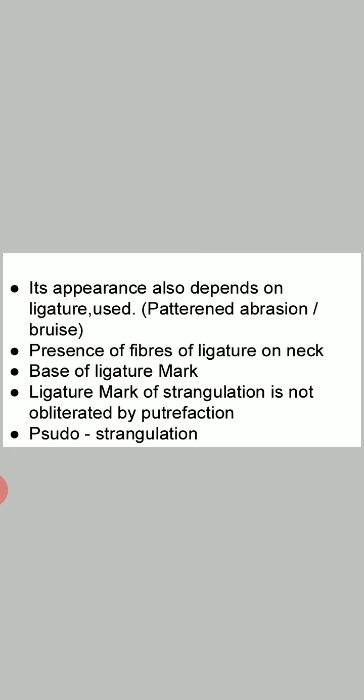For example, when thin material like wire or cord is used, it goes deep inside the neck, so it produces a deep groove, a deep ligature mark. But whenever some soft material like silk cloth is used, the ligature mark is very superficial, very shallow. So the appearance of the ligature mark also depends on the ligature used, right?